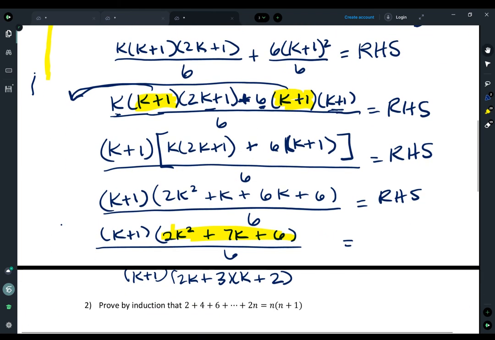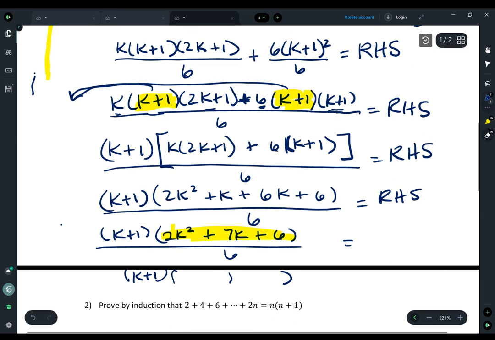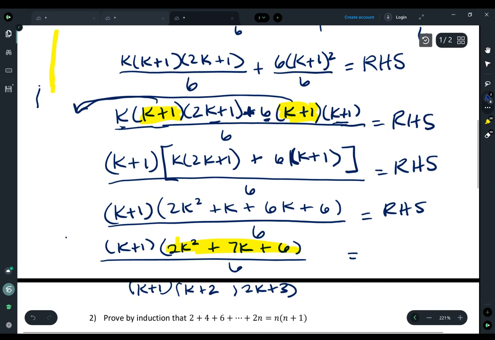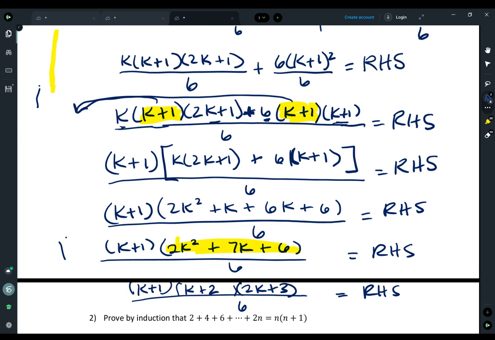I don't have them in the right order. I want them to look exactly the same on both sides, so I'm actually going to flip the order on these. K plus 2, 2k plus 3, all over the 6. So this is equal on both sides. I really should rewrite it one more time, but I'm out of space as it is.